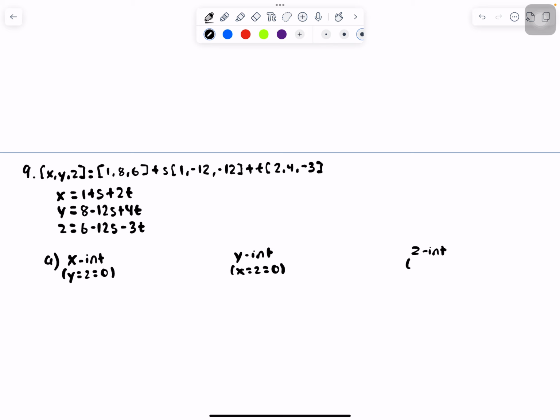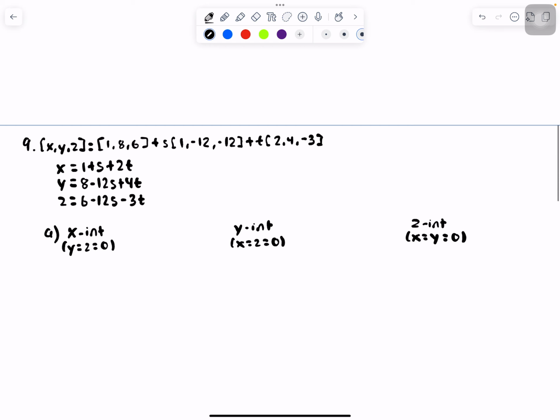And again, for this case, we have x equals y equals 0. Okay, so x equals 1 plus s plus 2t, 0 equals 8 minus 12s plus 4t, and 0 equals 6 minus 12s minus 3t.